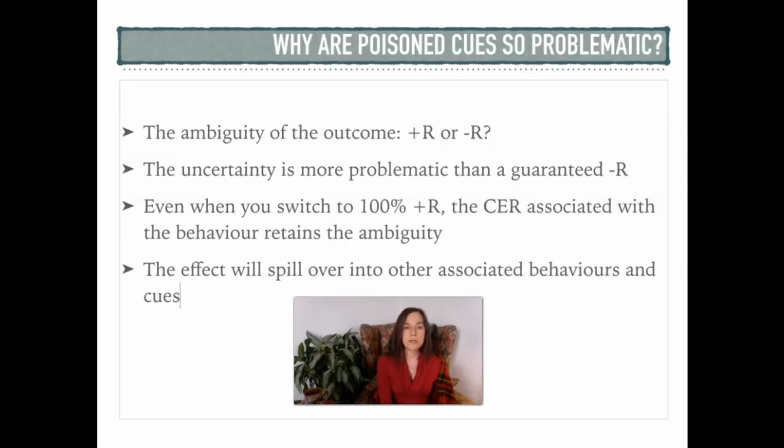Even if you switch to 100% positive reinforcement and eliminate the aversive, the effect is still built into the cue and lingers. And that effect will spill over into other associated behaviors. Like we saw with the guide dog puppy in the car, who initially was happy to do a hand touch, and then quickly the hand touch became poisoned in that context as well.